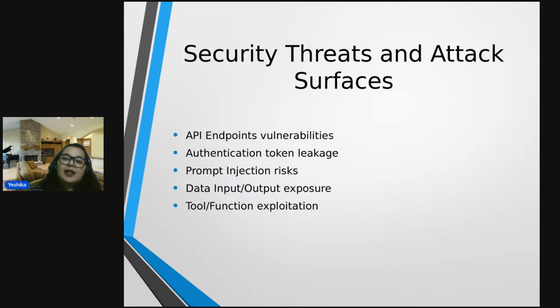So here the attack surface is the API, and the vulnerabilities it has could lead to a security threat to your agent. This is what we understand when we talk about API endpoint vulnerability.